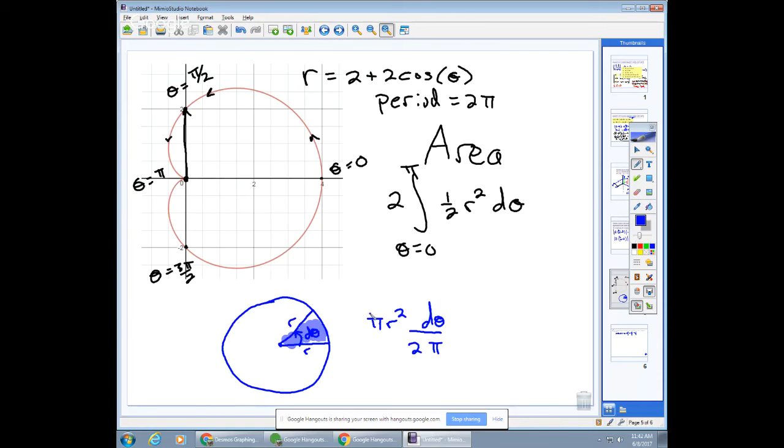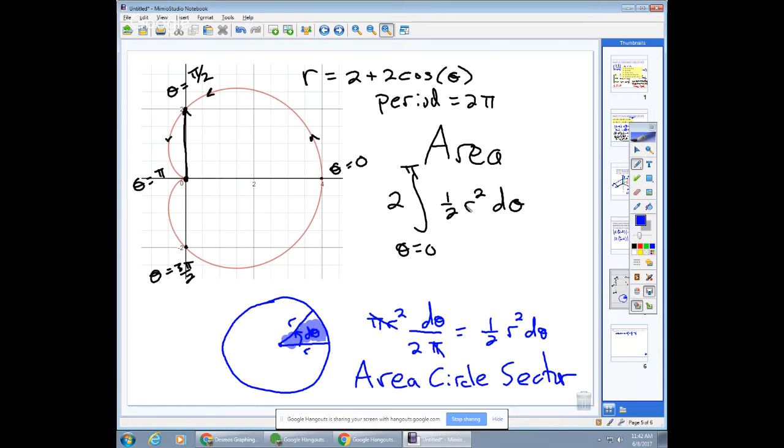Cleaning that up, the pi divides out, and all I'm left with is 1/2 r squared d theta. So it's just the definition of the area of a circle sector. All right, so now we just have to come up with this.